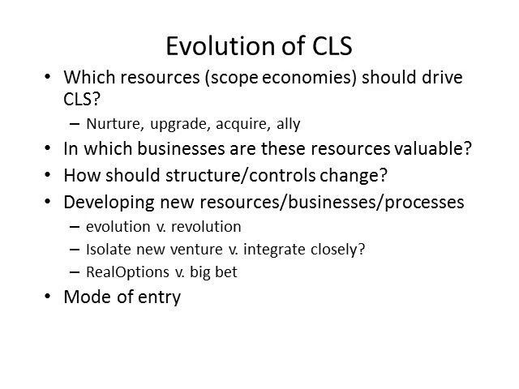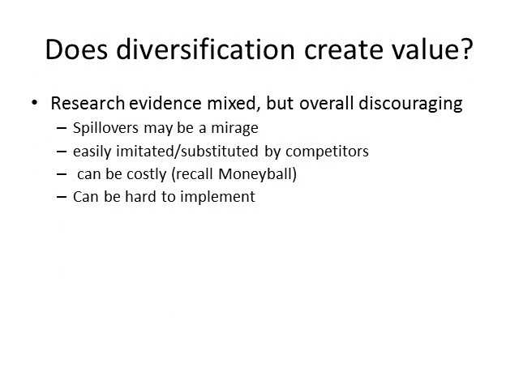Or do you integrate that very closely with what you do? Do you make big bets, bet the company, take huge risks? Or do you make smaller bets, a lot of smaller bets, and look for real options? And what's the mode of entry that you're going to pursue? Are you going to rely on just one, a combination? Which ones make most sense?